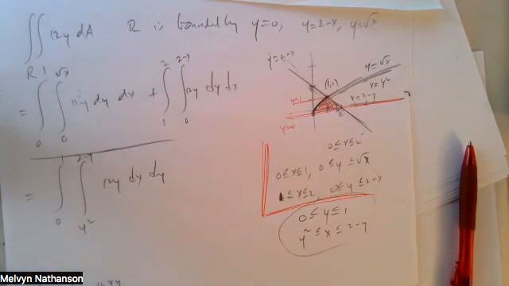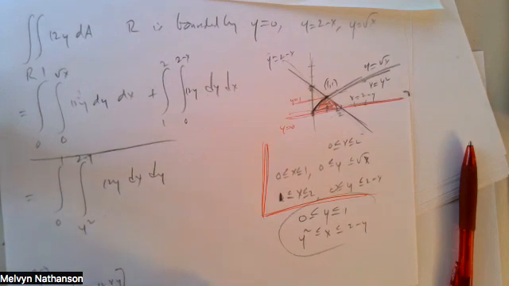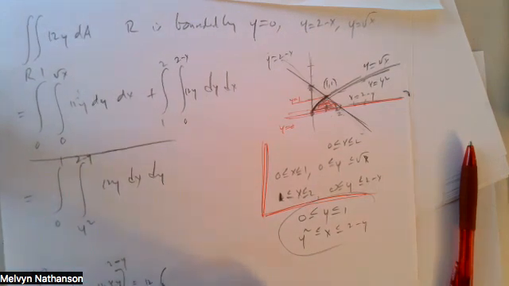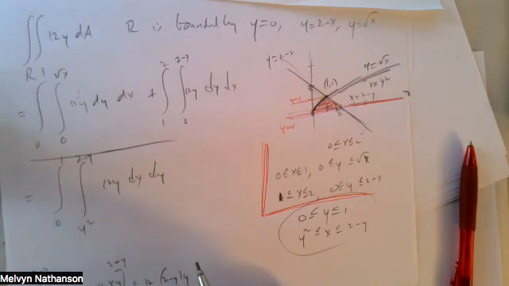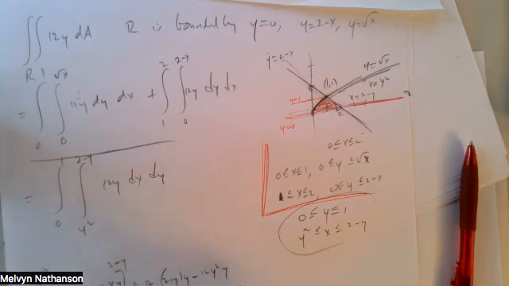So integrating from x equals y squared to 2 minus y, this is 12 times (2 minus y) times y, minus 12y squared times y. So this is equal to 24y minus 12y squared minus 12y cubed.